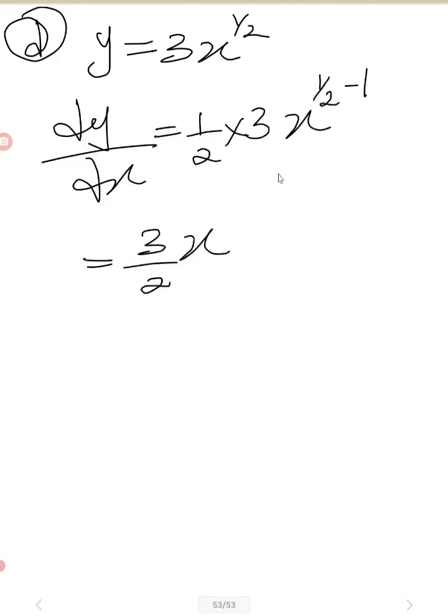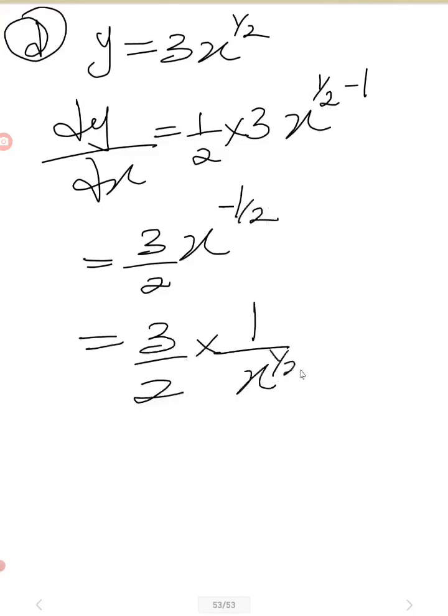So half minus 1 will give you minus half. By the law of indices, that is 3 over 2 times 1 over x raised to power half. So you are able to write 3 over 2 root x. That is just the answer.